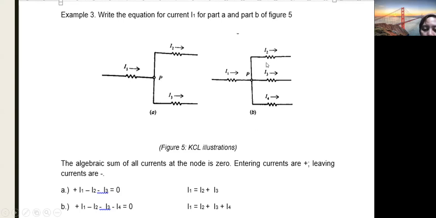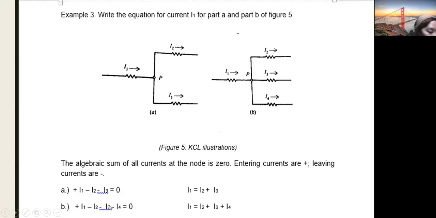So it's like this: positive I1 minus I2 minus I3 minus I4. So why is it that it's minus I2, I3, minus I4? Question goes to John John. Okay, John John, what is your answer?